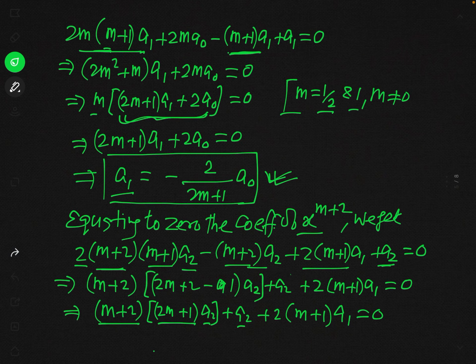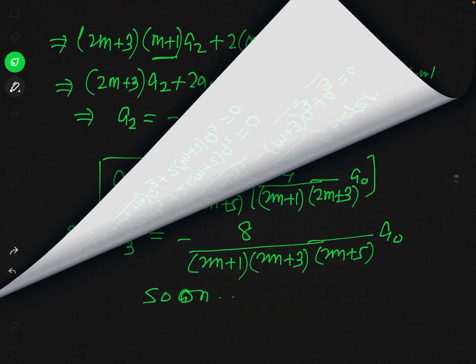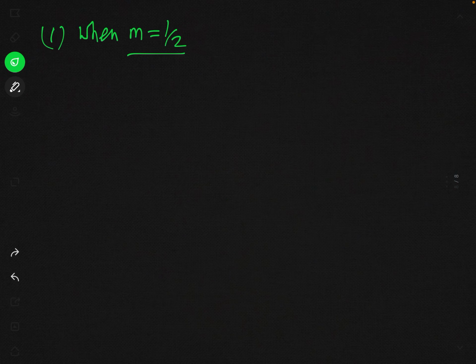So let us put here m equal to half and then simplify. You will get the value of a1. So in this condition, when m equal to half, then a1 will be equal to, you can do it, minus a0.